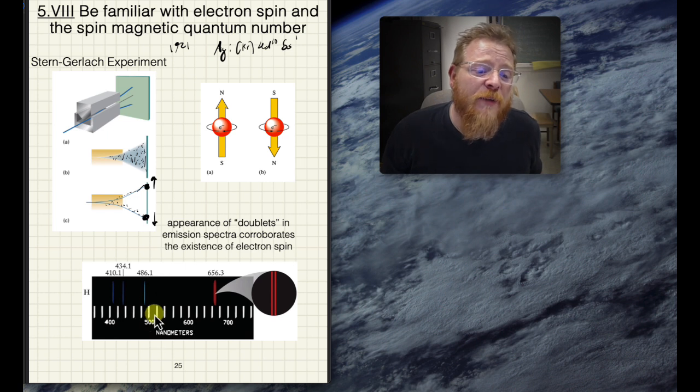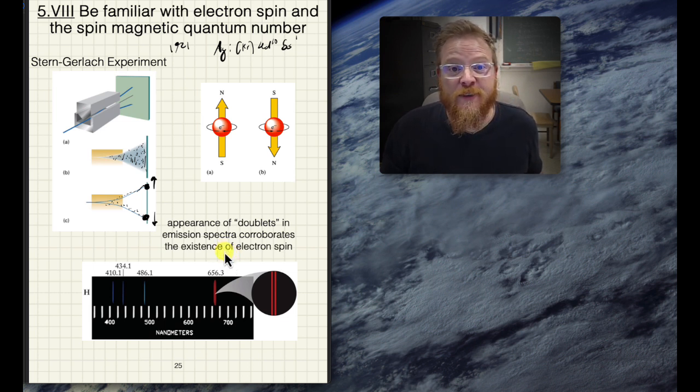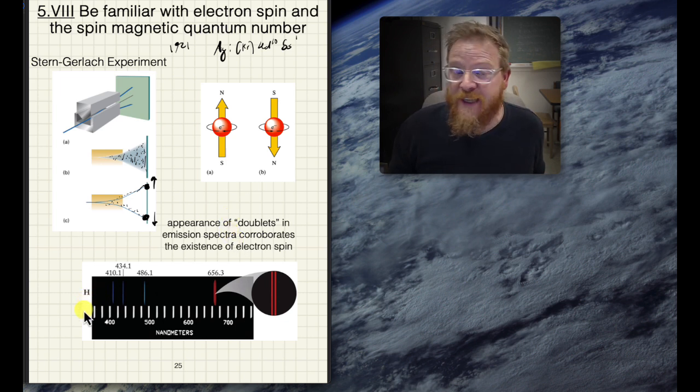Another piece of evidence for electrons spinning is the appearance of doublets in various single electron atom spectra. For example, in the hydrogen atom, which contains one electron, if we had a very, very high resolution spectrometer, we would see the appearance of doublets at each of these transitions.